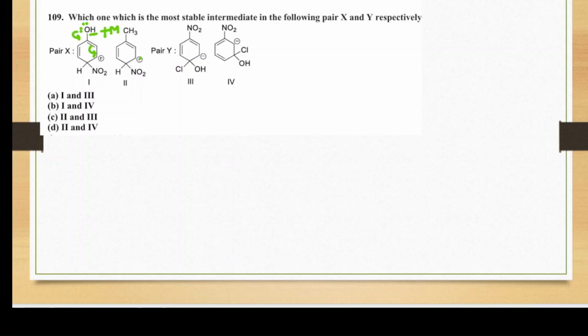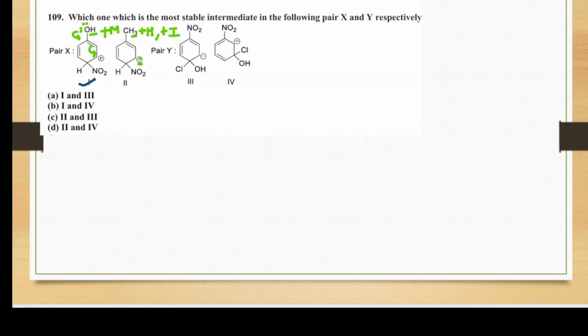This is applying the plus M effect, and in this particular case I cannot see this methyl group that is present. It can apply only the plus H or the plus I effect, and the magnitude of the plus M effect is more as compared to the hyperconjugation and inductive. So in the pair X, our first molecule is going to be the more stabilized one.